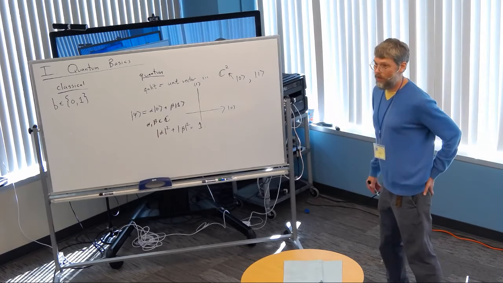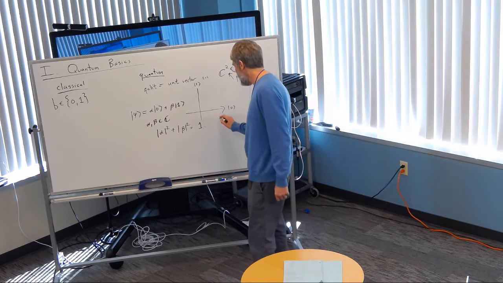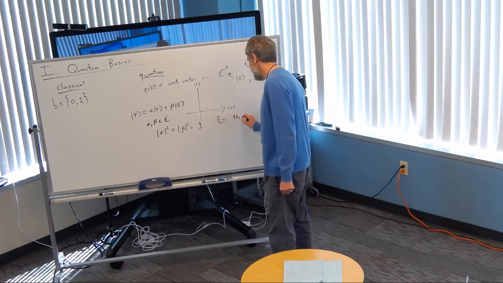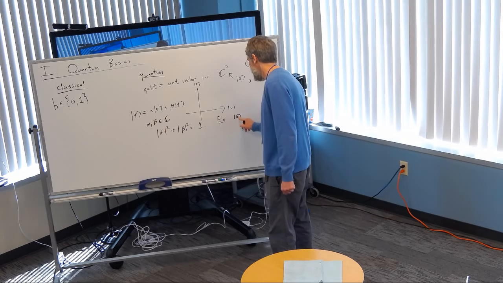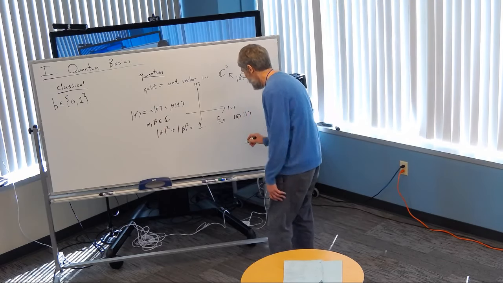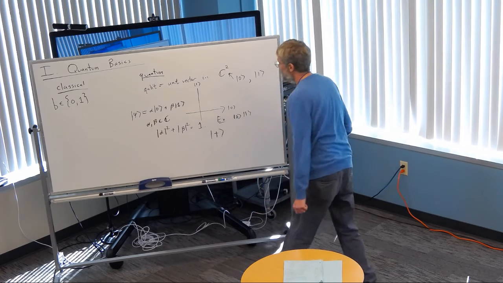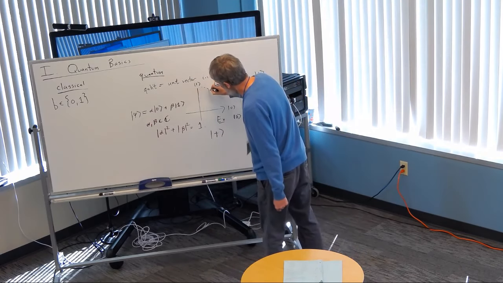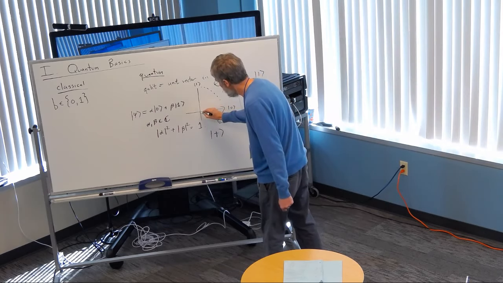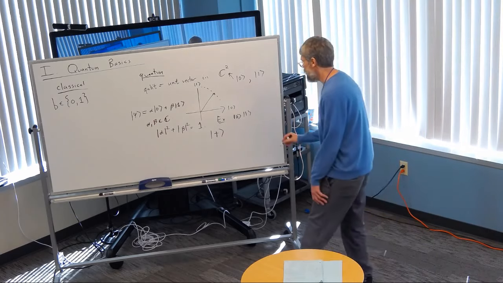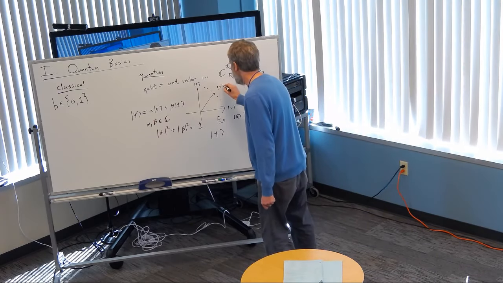Okay, so examples of qubits, well, ket 0 and ket 1. There's a state called plus, which, if I draw a unit circle here, is what you get if you go out at a 45-degree angle. So that's the state plus.